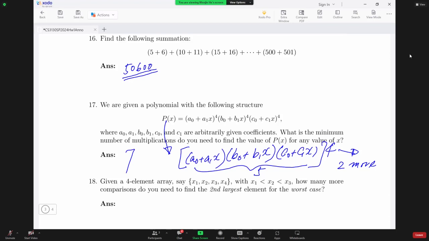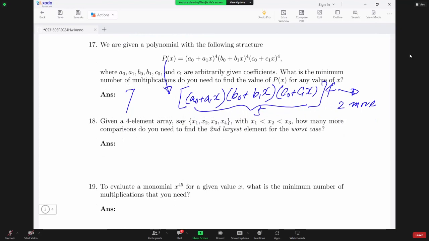If you do the fourth power more than once, then every time you need 2 more. That's not good. So this way, take advantage of its special structure. Like this.